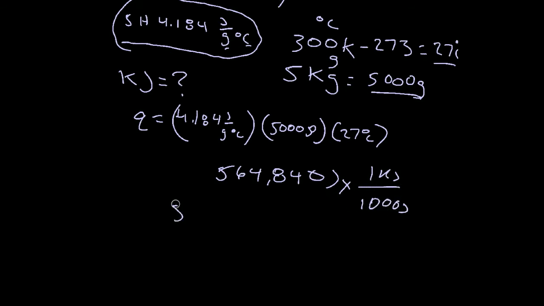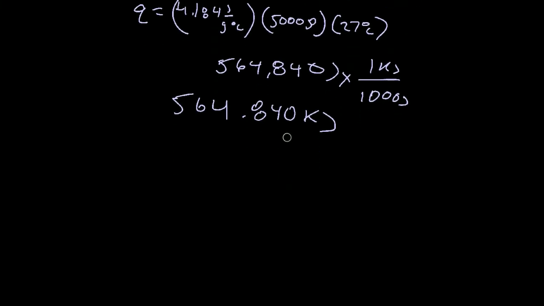That's going to be 564.840 kilojoules. We've got 4, 1, and you really don't count that. So you would probably just round this up to 600 kilojoules is what you would end up doing. Let me scroll down in case you can't see that. So you would probably say 600 kilojoules on this answer for one significant figure.